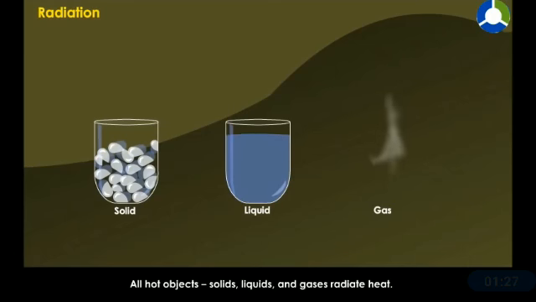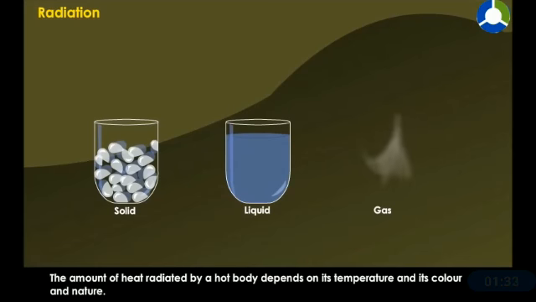All hot objects, solids, liquids, and gases radiate heat. The amount of heat radiated by a hot body depends on its temperature and its color and nature.